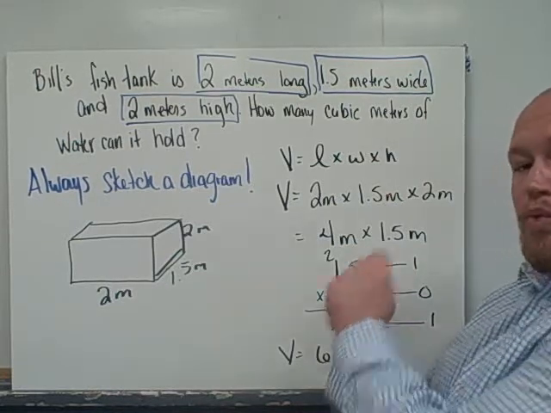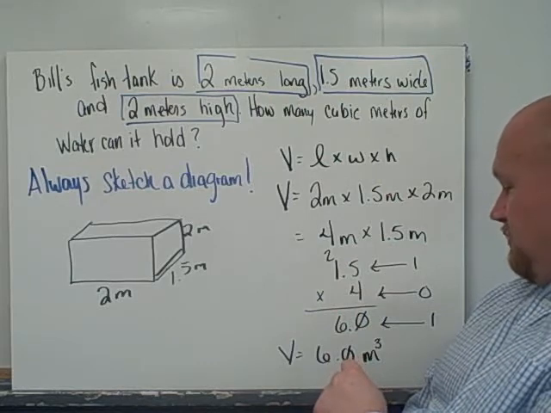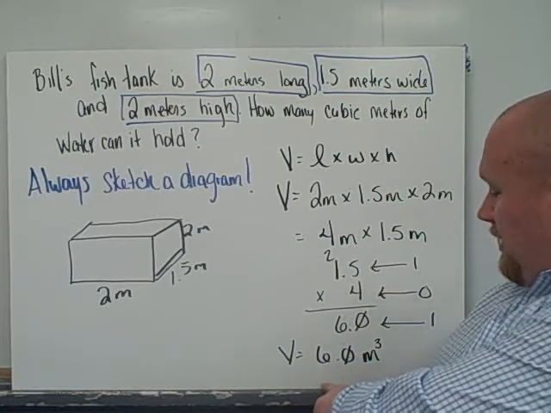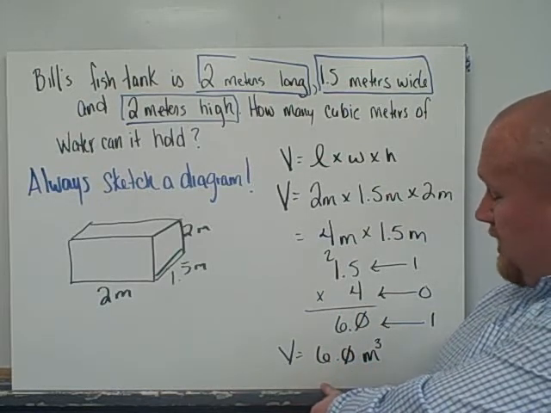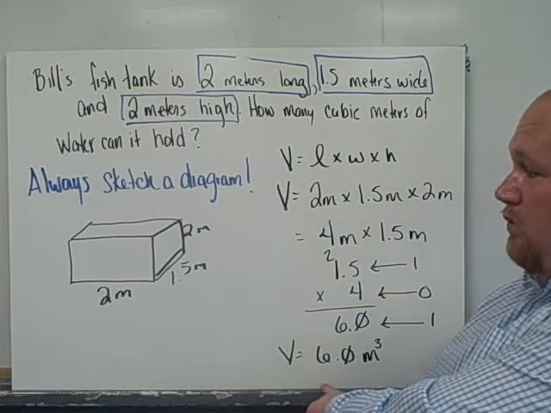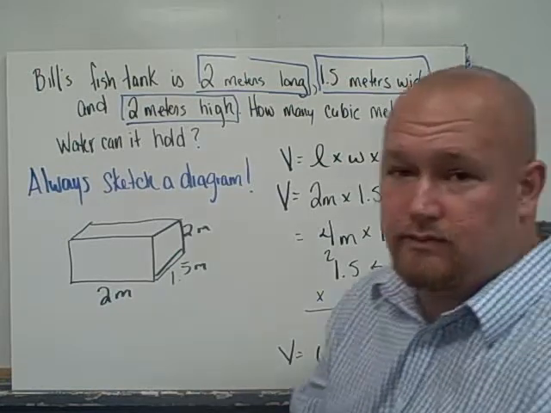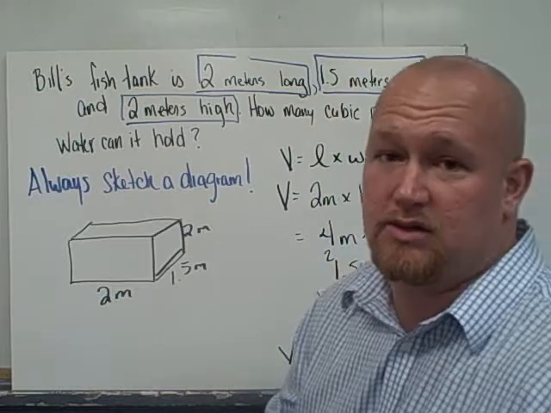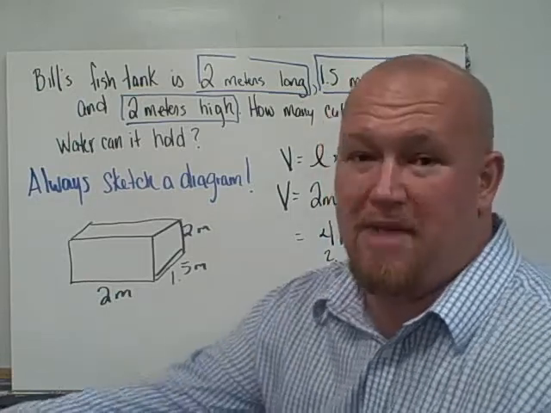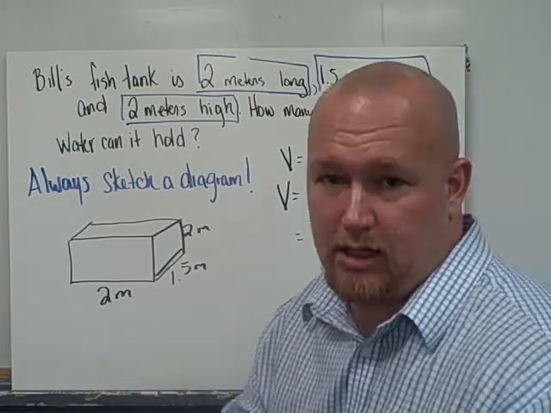So there has to be one number behind the decimal. And your answer is, Bill's fish tank can hold 6 cubic meters of water. That's a big fish tank, though, because 2 meters is like the length of a man. A full-grown man, not a little man.